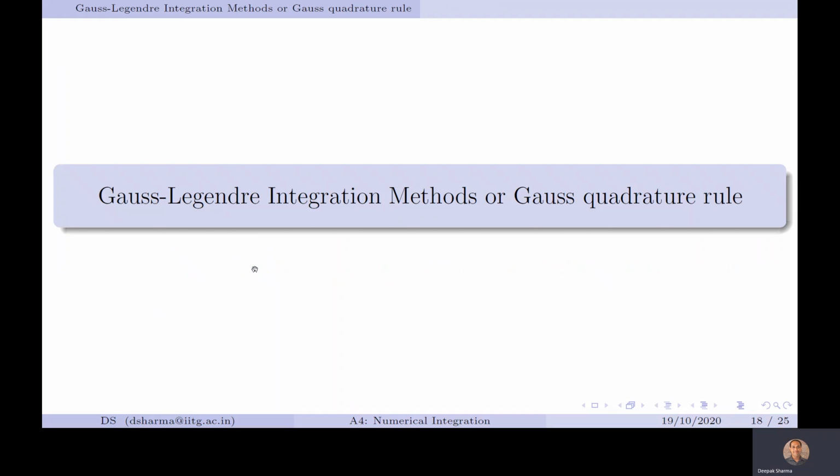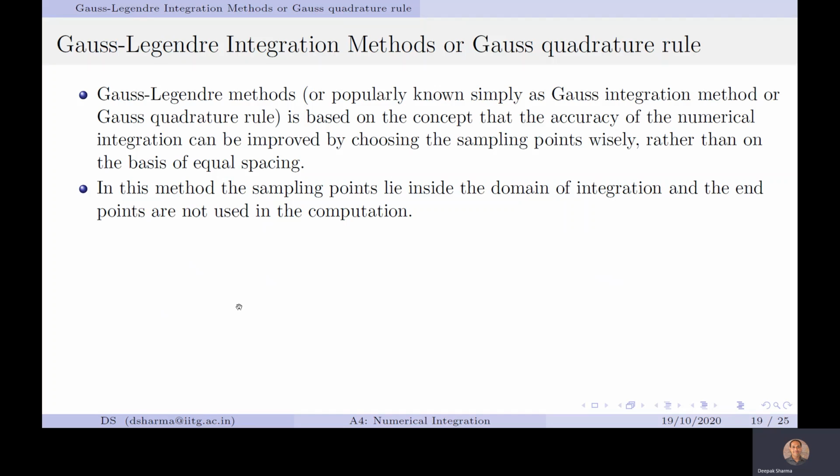Now we are coming to the Gauss-Legendre integration method or Gauss quadrature method. This method, popularly known as the Gauss integration method or Gauss quadrature rule, is based on the concept that the accuracy of numerical integration can be improved by choosing the sampling points wisely rather than on the basis of equal spacing.